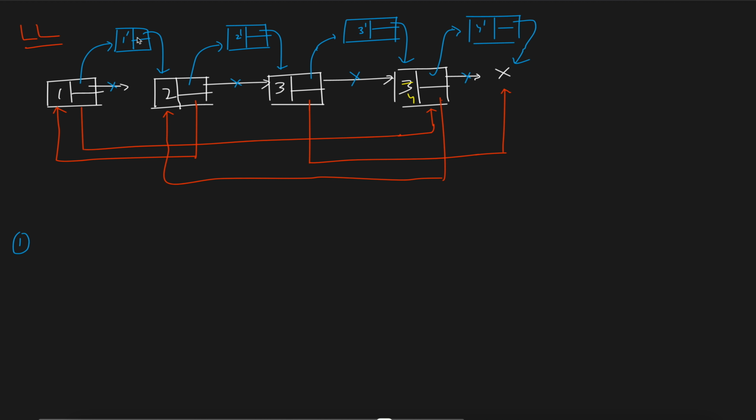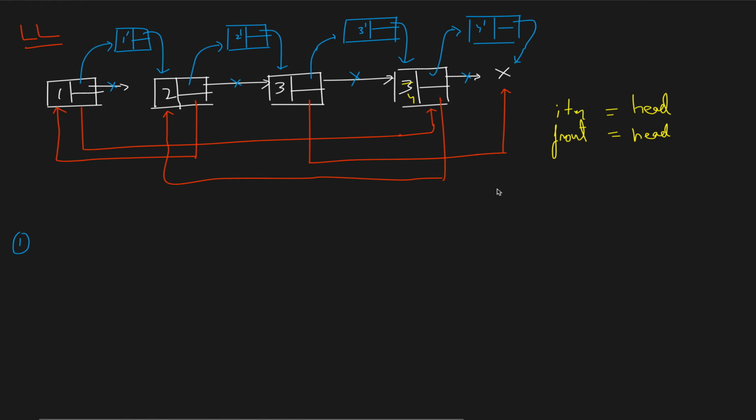So let's see the pseudocode for step 1. The pseudocode for the first step is very simple. What we do is initialize iter as well as a variable front. These are two dummy nodes created and both of them will be initialized to head. Now head is nothing but the initial node, that is node 1.